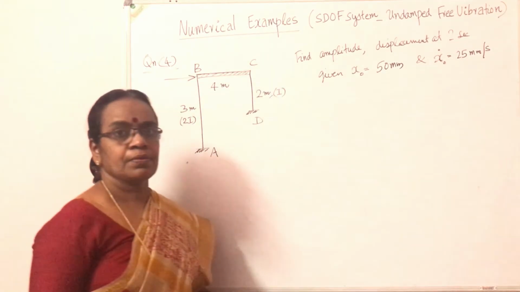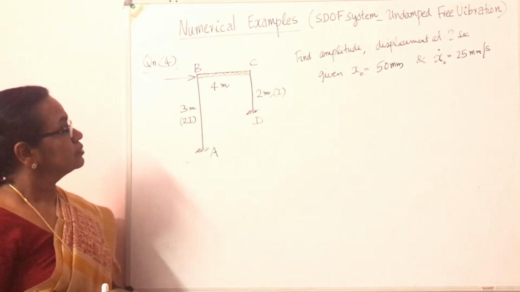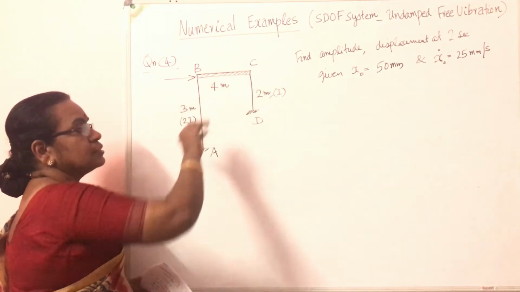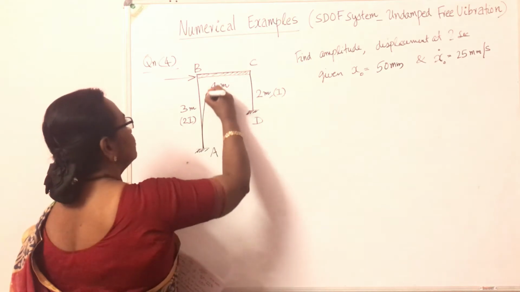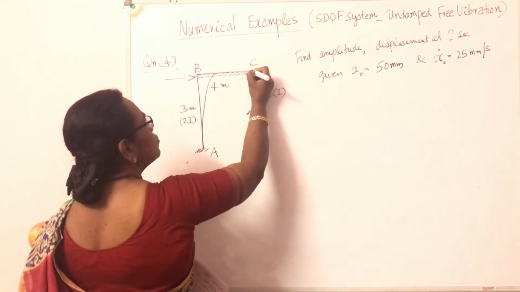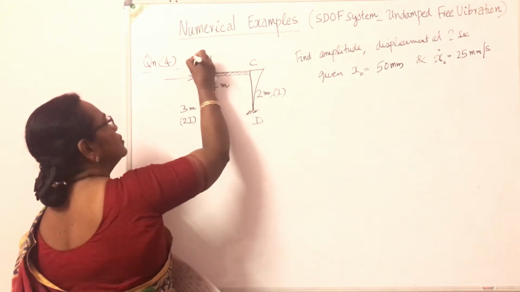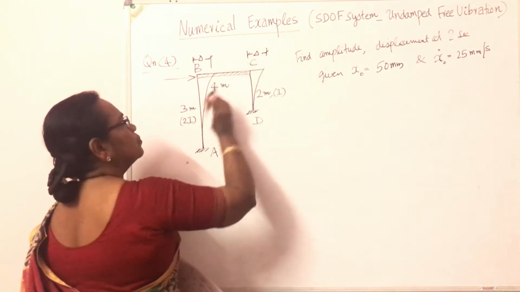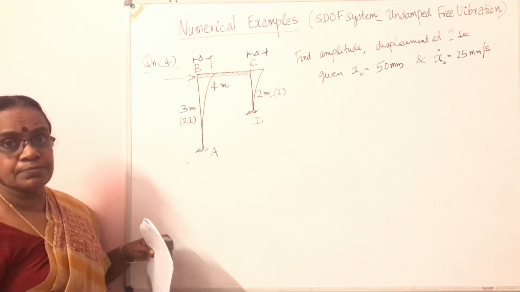So this is the frame. Once the horizontal load is acting on this structure, both columns will undergo the same deformation. If this deflects like this, the other will also undergo the same deflection, delta. Both the columns under the action of the lateral force will undergo the same displacement.